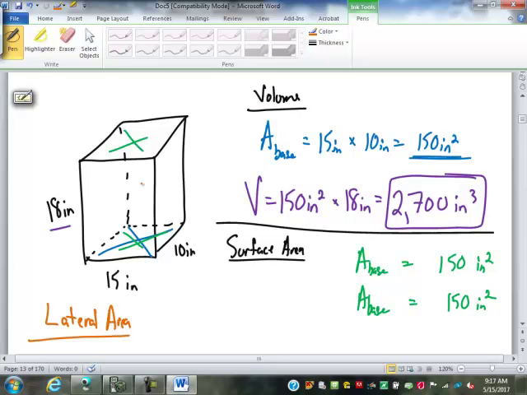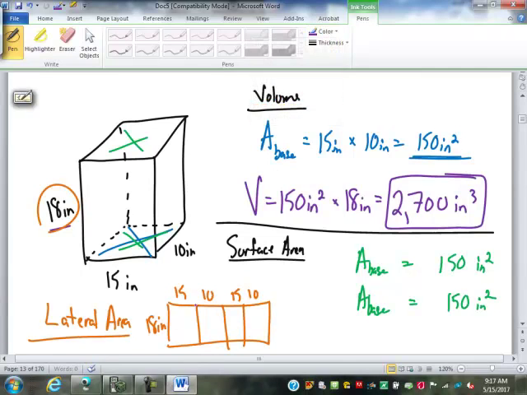Remember, the lateral area is found by taking these rectangular sides that connect the bases, cutting them and folding them out, like this. This is going to still be the 18 inches of height, and from here, this will be 15 plus 10 plus 15 plus 10. In other words, this is the perimeter of the base.